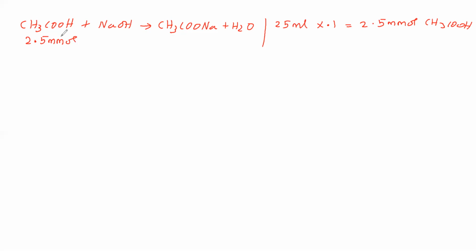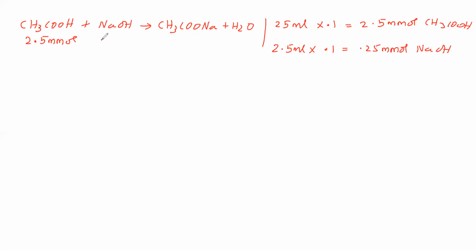So we have added sodium hydroxide now. How much have we added? 2.5 ml of sodium hydroxide. What concentration of sodium hydroxide? 0.1 molar. So how many millimoles have we added? 0.25 millimoles of sodium hydroxide we added into the conical flask.